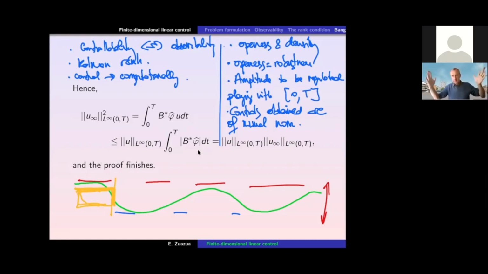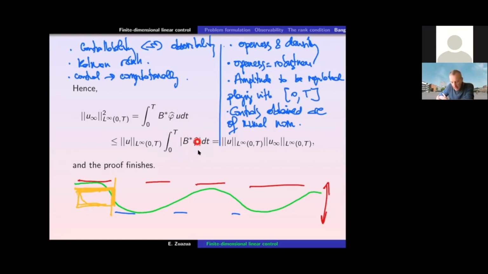So if the control that you achieve is not bang-bang, then it is not of minimal L infinity norm, because by this principle you can compress its norm by saturating the control for some interval before you switch. That's the idea. And the reason for keeping the same integral here is that, in order to build the bang-bang controls, we were minimizing the integral of this absolute value.